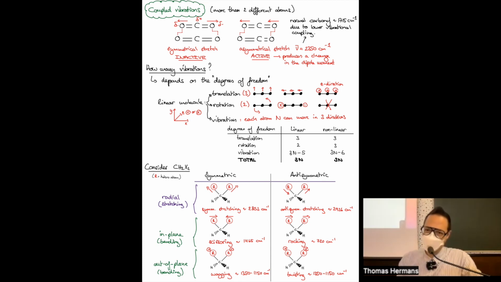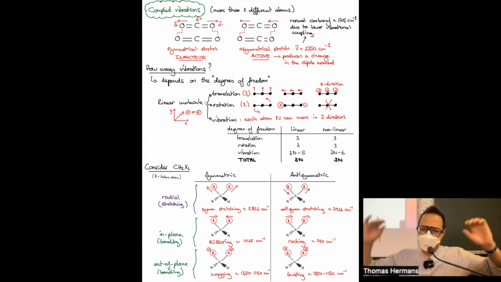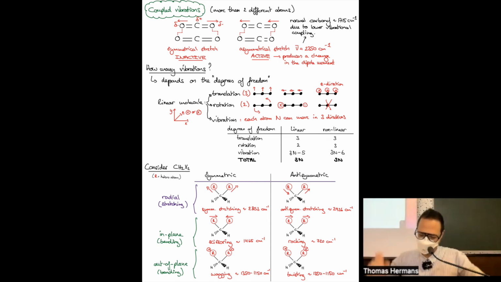And so translation is if all these things move in the same direction. If I move all the three atoms up at the same time, the whole molecule translates up.